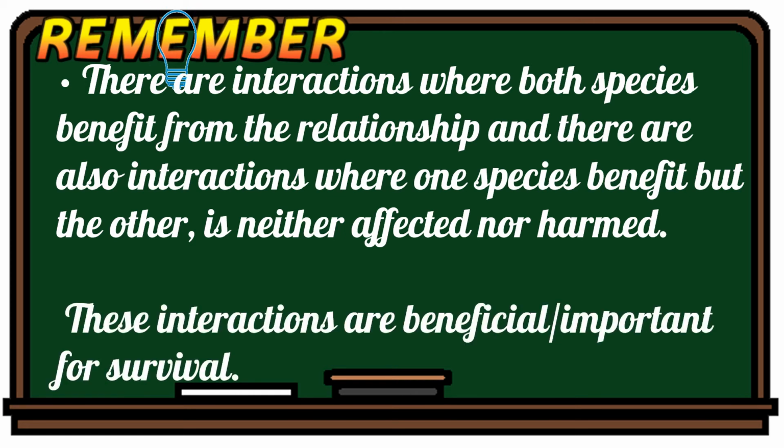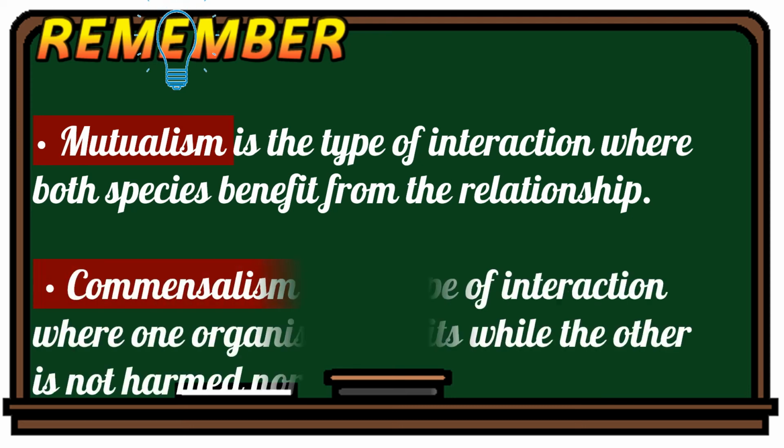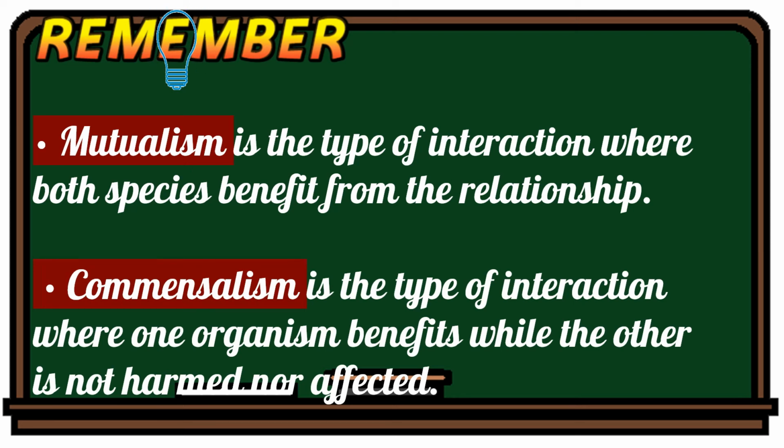These interactions are beneficial or important for survival. Mutualism is the type of interaction where both species benefit from the relationship. Commensalism is the type of interaction where one organism benefits while the other is not harmed nor affected.